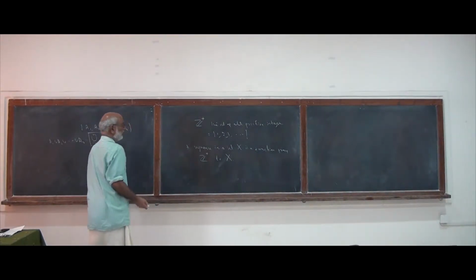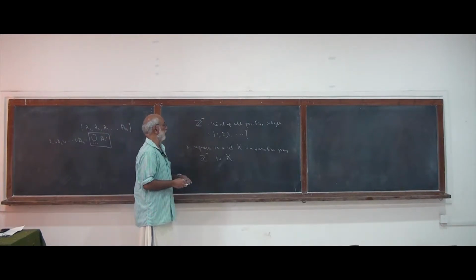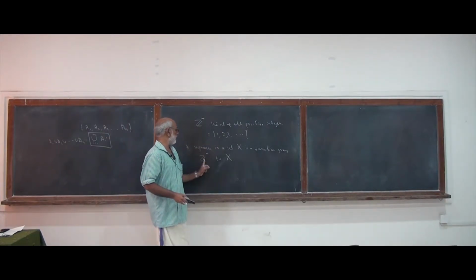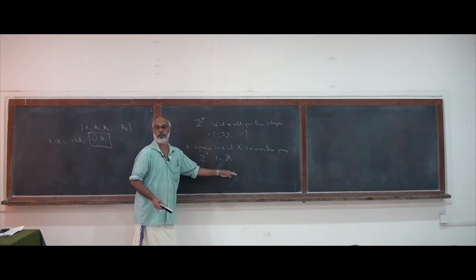That is, a sequence is a function from the set of positive integers to X. So for every positive integer there will be an image in X.